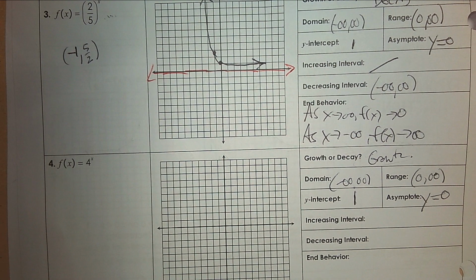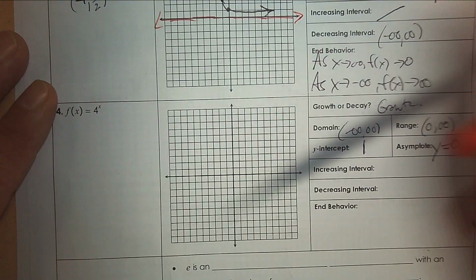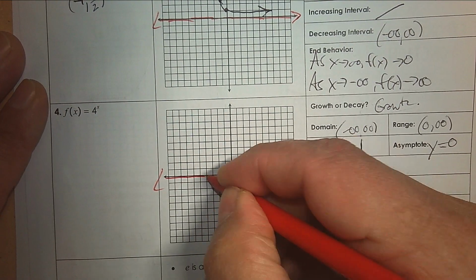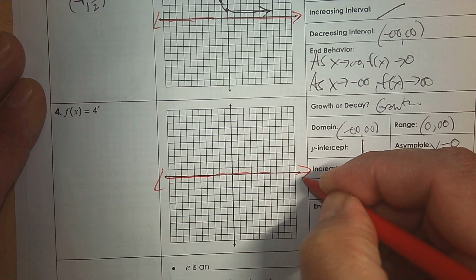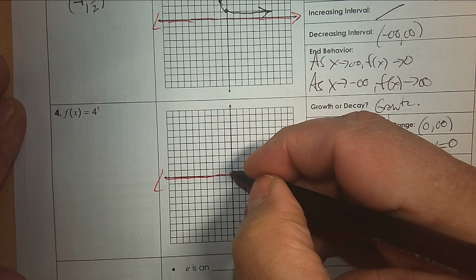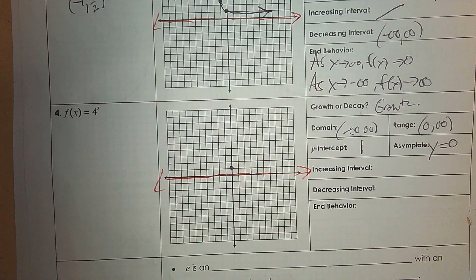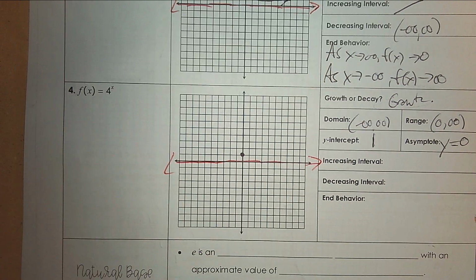So I'm going to draw the asymptote. Y equals 0. I know the Y-intercept is at 1. What's an obvious second point I can put on my graph and then be done with it? 4 to the x. What's another point on my graph that's obvious? 1 and what? 4.